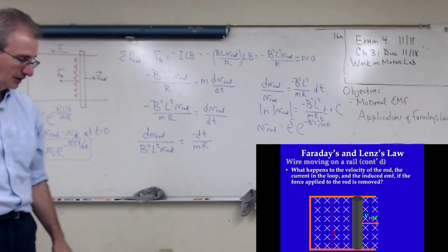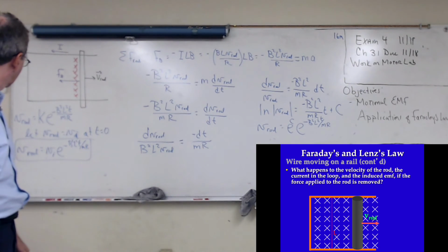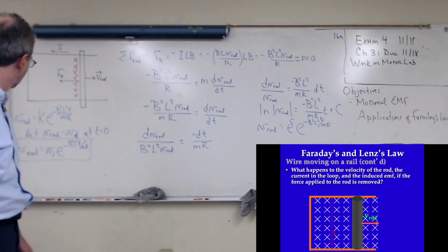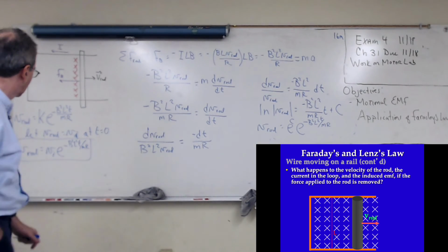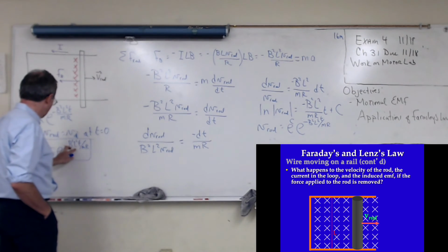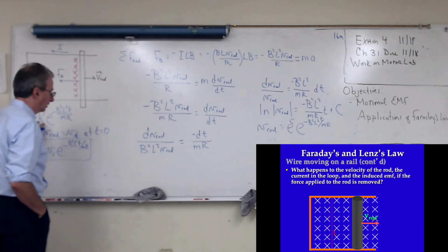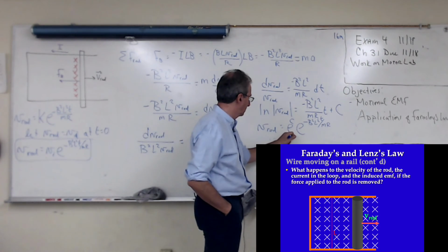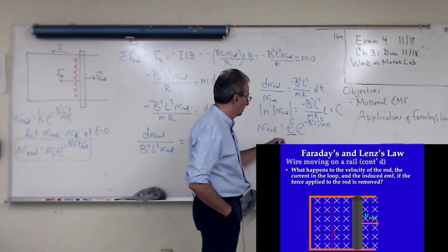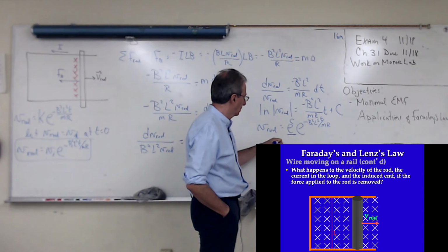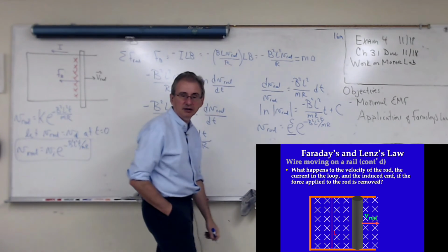Is it not e to the v naught, because the whole thing was a constant? Because you had e to the c, right? Oh, you mean this thing? Yeah, that's what you replaced with k, correct? Yeah, because it's just a constant.